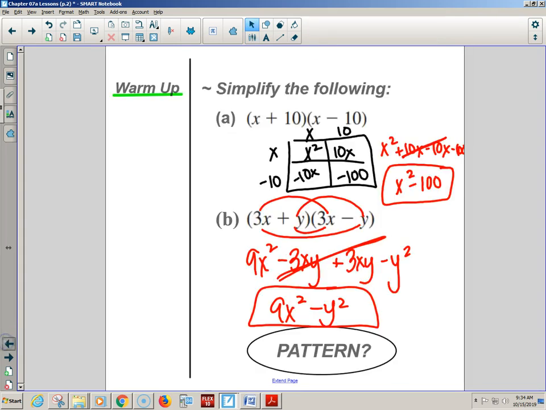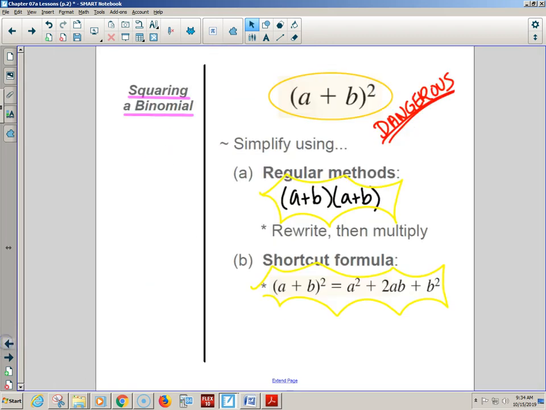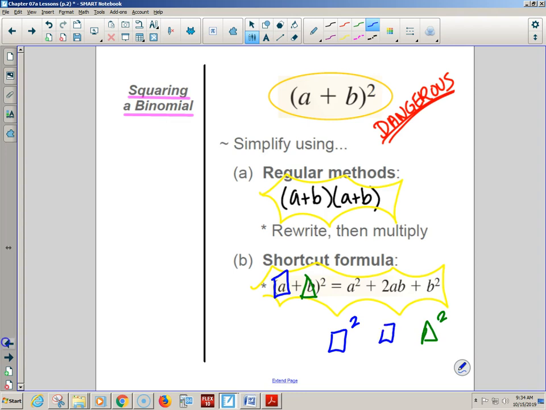The shortcut for the last one. If I was to do that whole box triangle thing, we could think of this being a box plus triangle squared. And we could do our pattern of, we have box squared, we have triangle squared, but that's not all. We have this double, right?